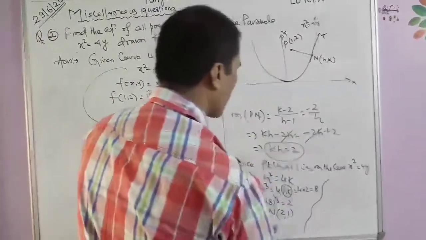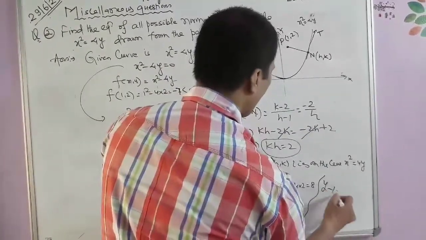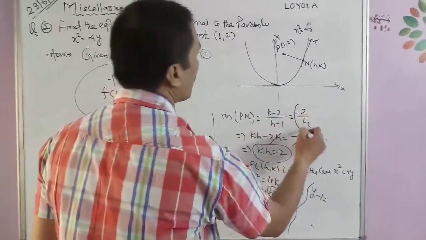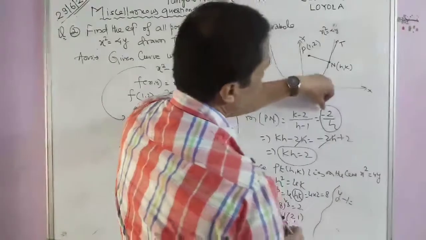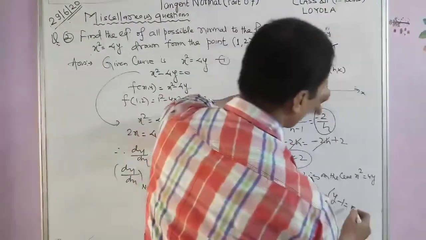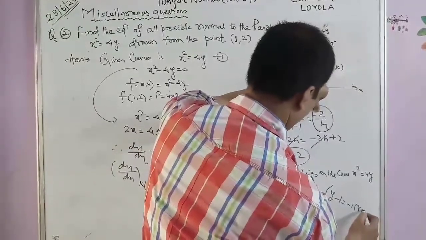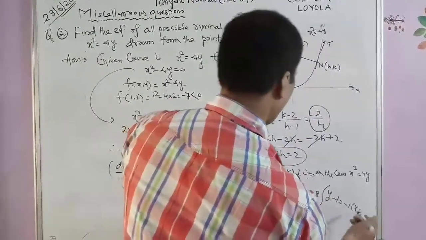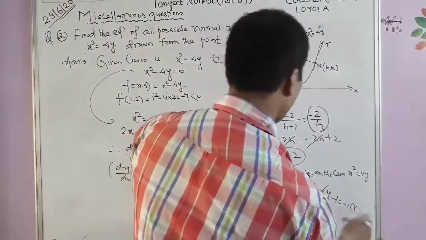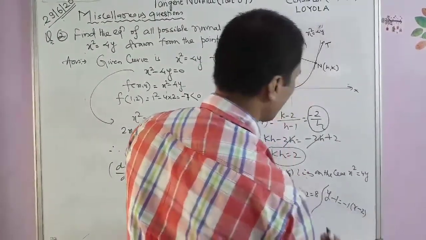Therefore, the equation of normal is y minus y1 equals m into x minus x1. Here the slope of normal is minus 2 by h, and here h equals 2, that is minus 1. So y minus 1 equals minus 1 into x minus 2.